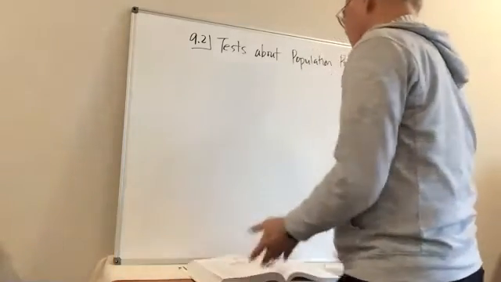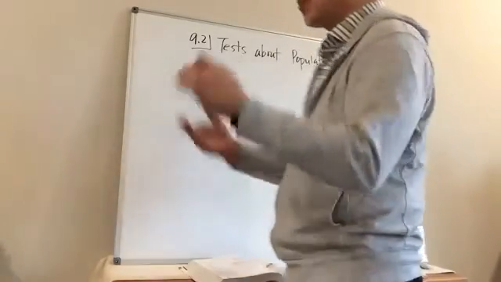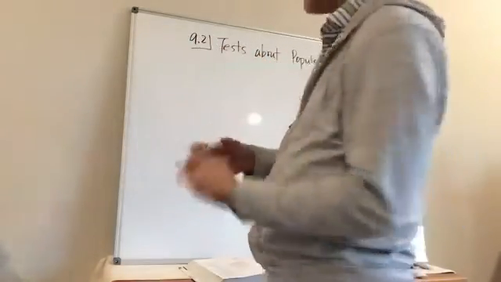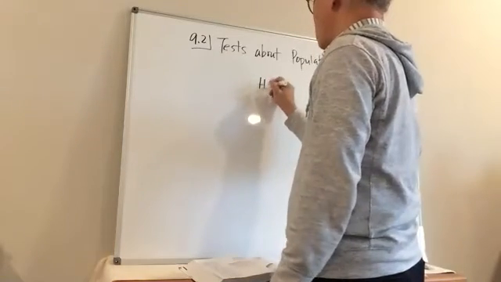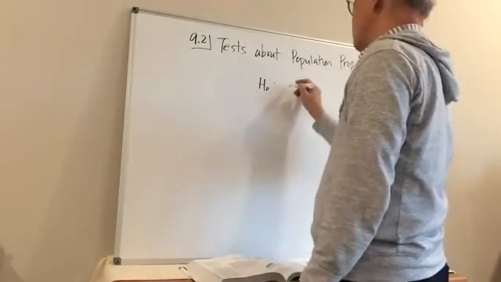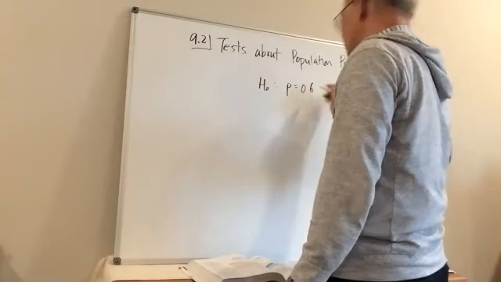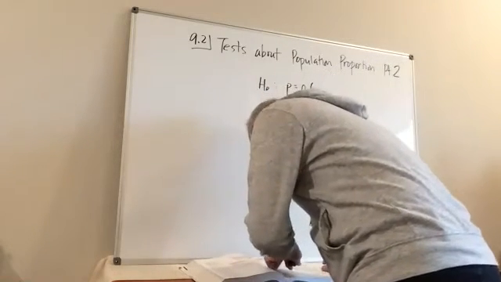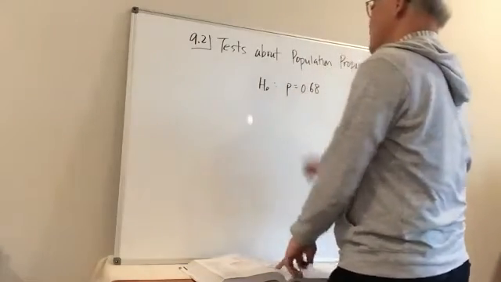Okay. It didn't say whether it was larger or smaller. It just says whether it holds true or not, right? So the Ho is going to be 0.68.